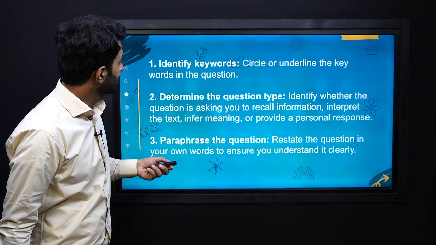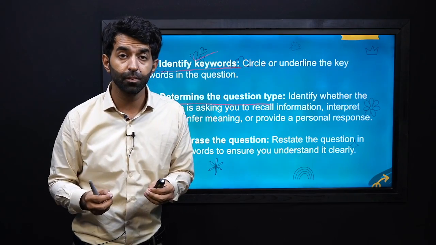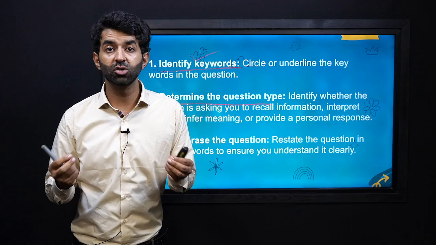Now, here are some rules that we need to follow. We have to identify the keywords as we did. Secondly, you have to determine the question type. What kind of question is it? Is it asking you to recall information from the text? Is it a basic knowledge question?